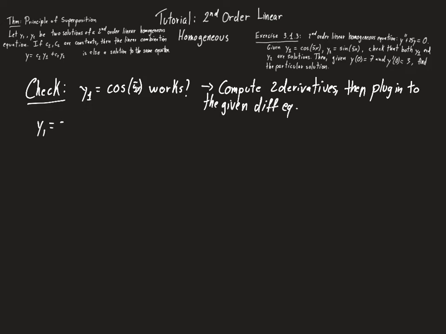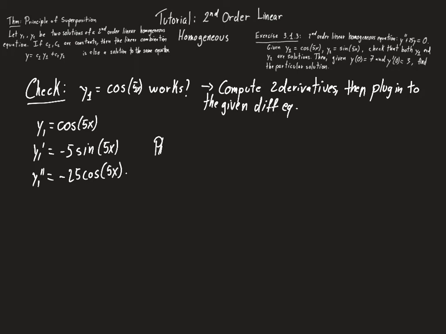y1 is equal to cosine of 5x. That means that y1 prime is equal to, I believe, negative 5 sine of 5x, and therefore y1 double prime is equal to negative 25 cosine of 5x.